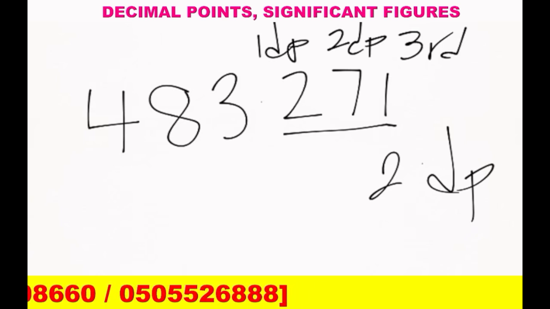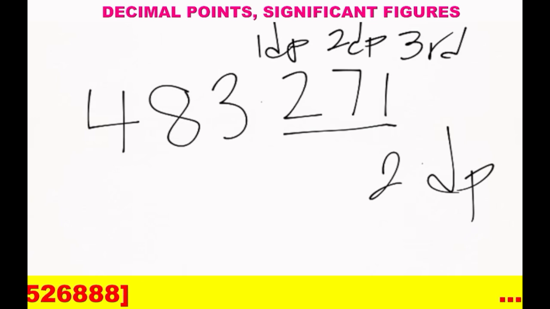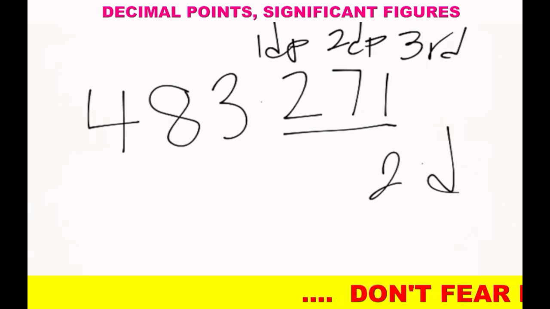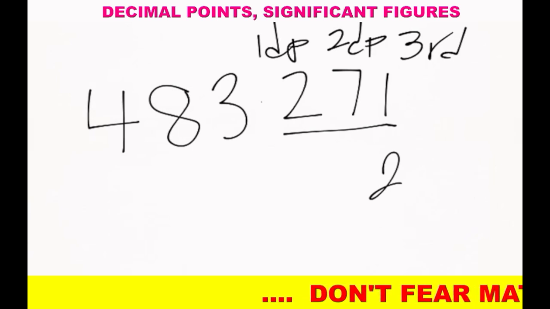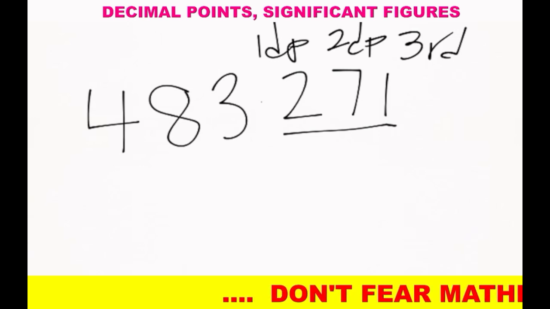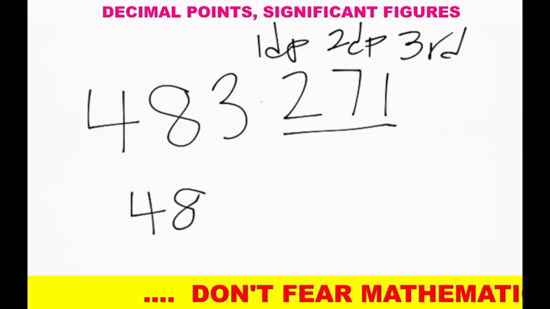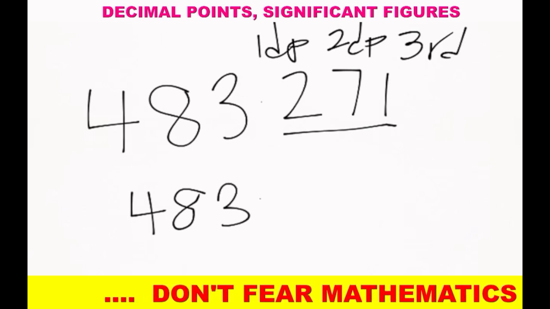So if we are to convert or correct this number to 2dp, our concentration should be on the 271, that is the numbers after the point. So you write your 483, then you bring your point.